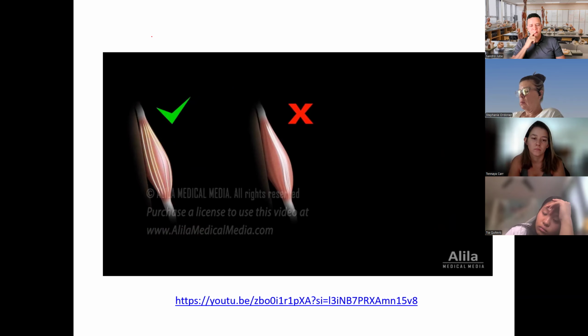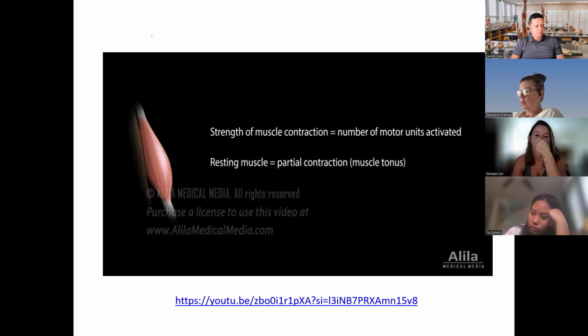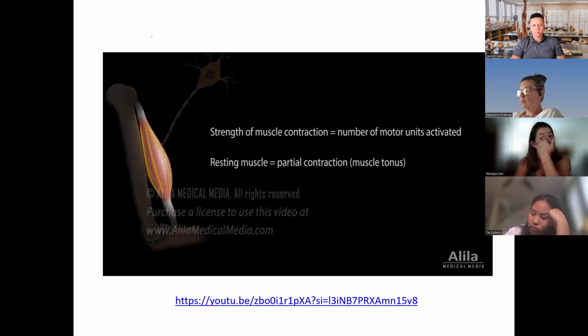This way, stimulation of a motor unit has a slight but uniform effect on the whole muscle, and not causing a small, localized twitch. The strength of a muscle contraction is determined by the number of motor units that are activated at one time. Even at rest, most muscles are in a partial contraction state called muscle tonus, which is maintained by alternating activation of a small number of motor units.